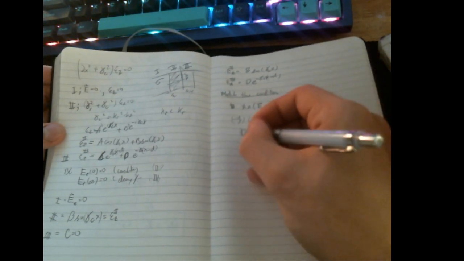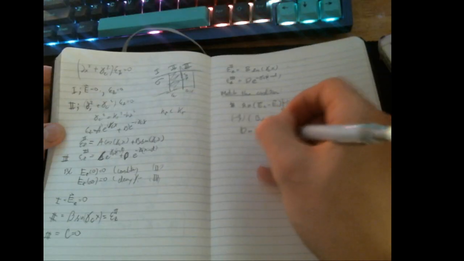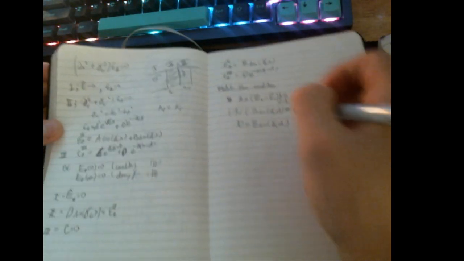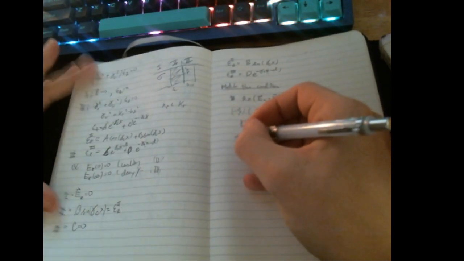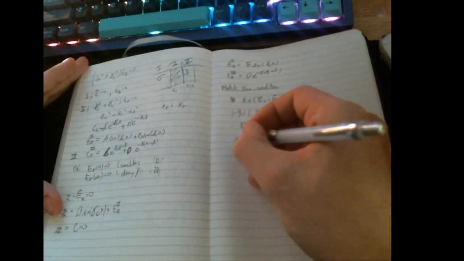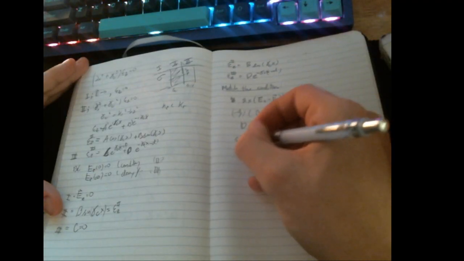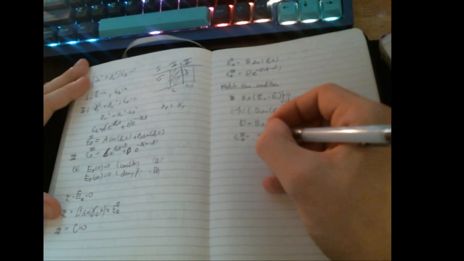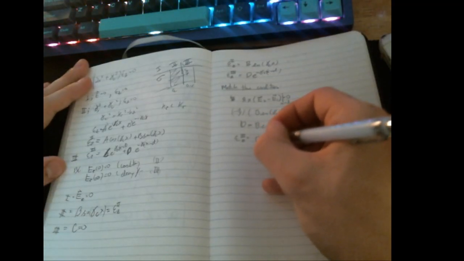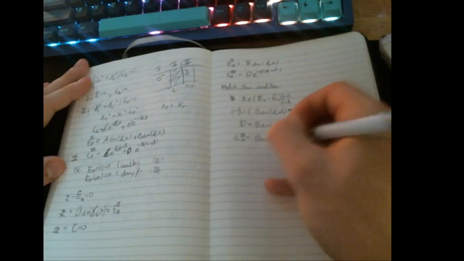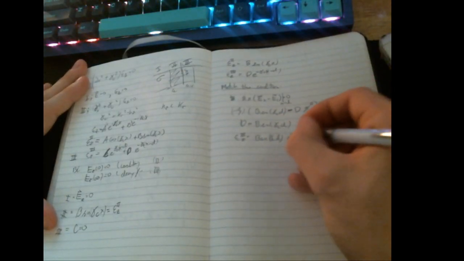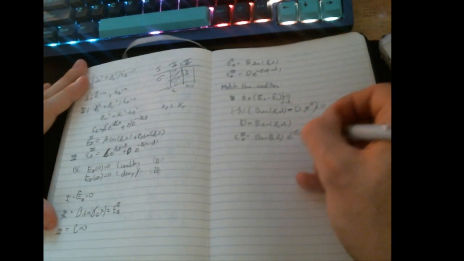So we just get that C is equal to B sine gamma c d, or we get the full solution that epsilon 3 is equal to B sine gamma c d e to the minus gamma naught (x minus d).